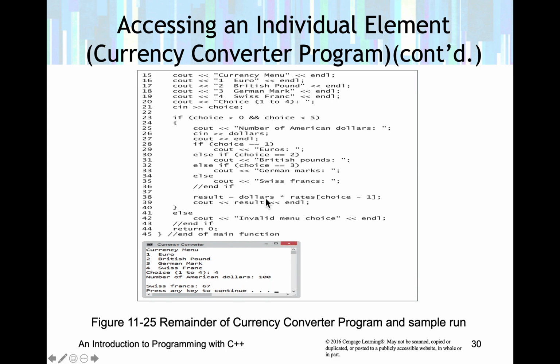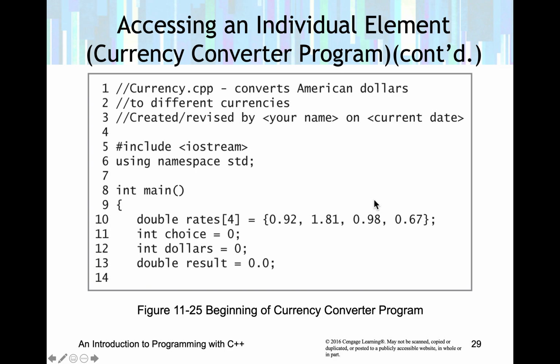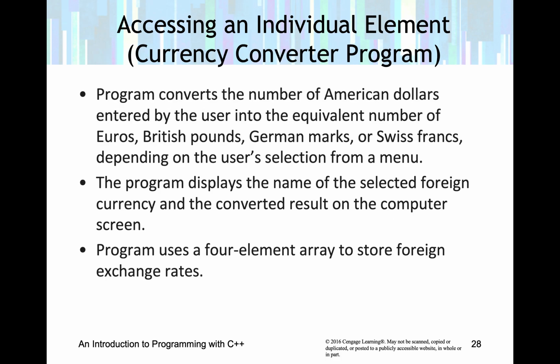So let's say that it's $100. You multiply that by rates. Choice was a 1 because it's euros. 1 minus 1 is 0. So it's going to multiply by 0.92. So my $100 is going to be less in euros, right?